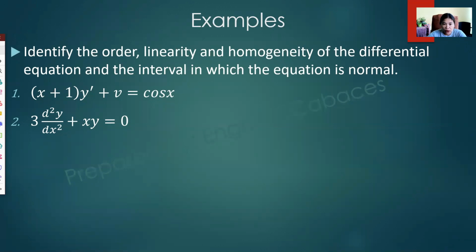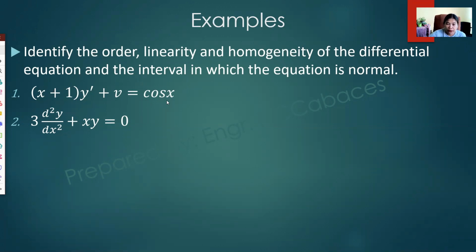If we look at the highest order derivative, we have here the first derivative. So this is first order. And then, since the right side of the equation is cosine x, which is not equal to 0, this is said to be non-homogeneous.